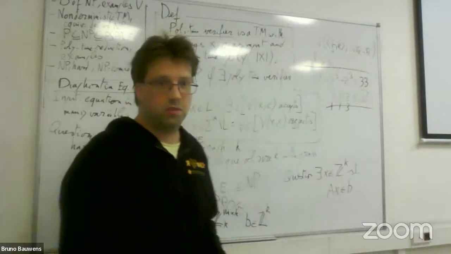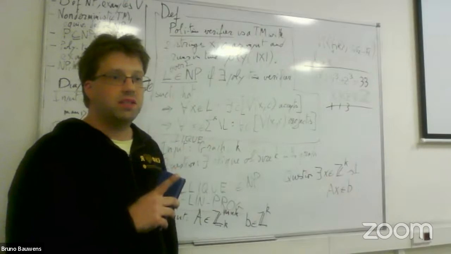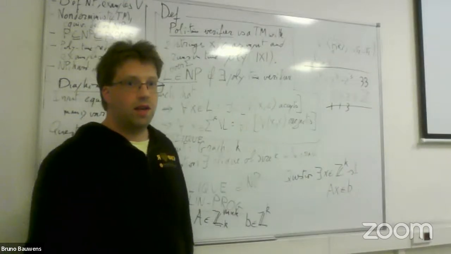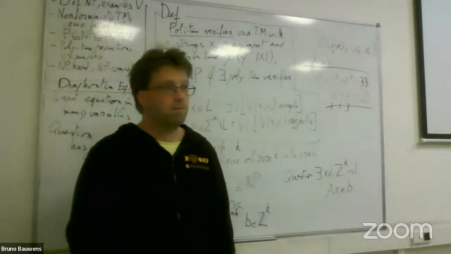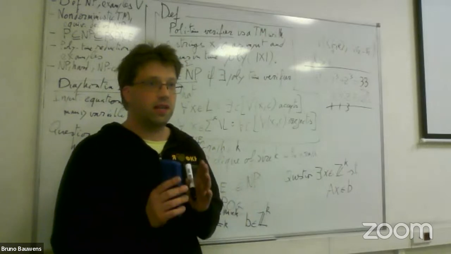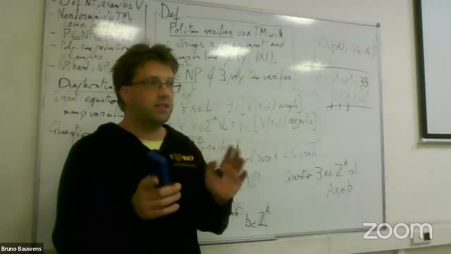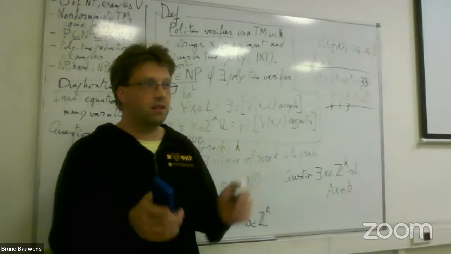So what are non-deterministic Turing machines? It's a Turing machine that has two transition tables. At every computation step, it may arbitrarily choose one of the two transition tables to continue the computation. Only two, or more than one?